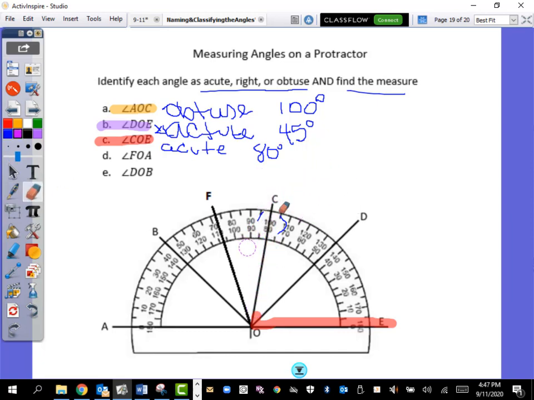Now we'll go to letter D. Letter D, the angle is from F, O, to A. And I'm not going to look at A because A is at the bottom. So I'm going to look at F. So F, the top one is between 70 and 75.